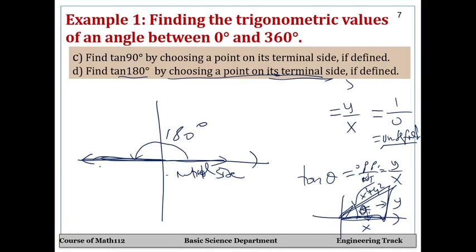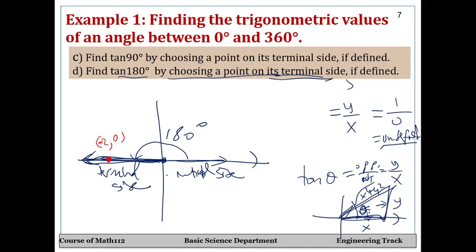So the terminal side here is 180 degrees. The terminal side is on the x-axis, but on the negative part. Let's take a point here. Take any point. It can be anything, like, I will choose (-2, 0).